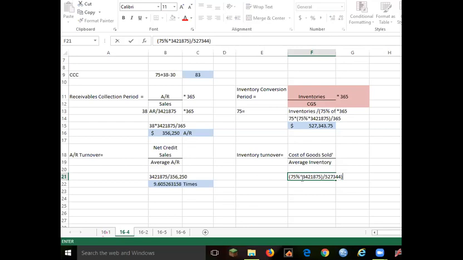Okay. So the inventory turnover is 4.86 times.